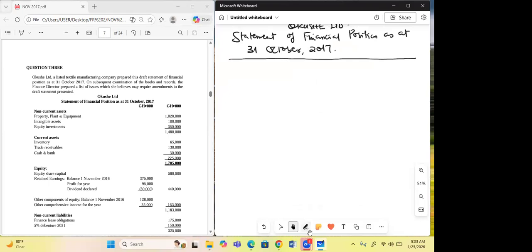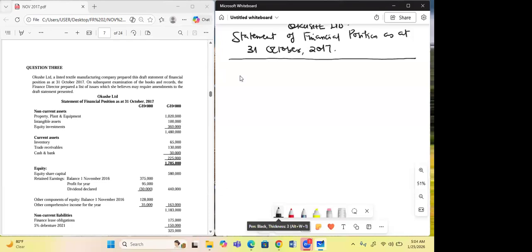Now, please, under exam conditions, whatever item you treat from the footnotes, make an asterisk on the statement so that when you get there, you will know that that particular item you have adjusted it. Is that clear? Yes, sir. If you don't do that, you may forget. You may see a figure, maybe you have adjusted the figure, but you may forget and pick the old figure again. Is that clear? Yes, sir.